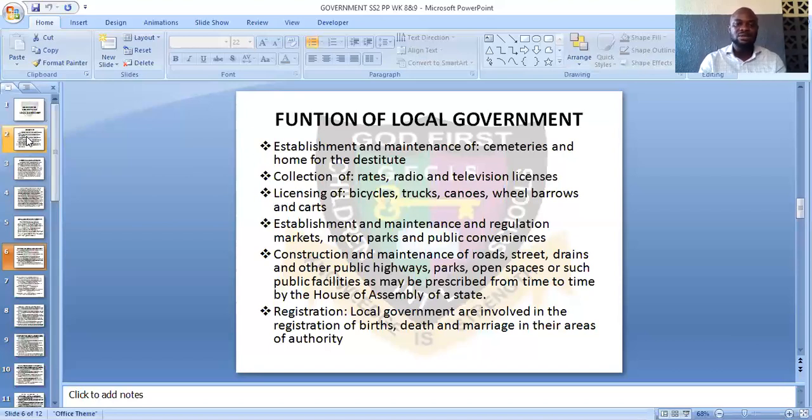Number six is registration. Local governments are involved in the registration of births, deaths, and marriages in their areas of authority. That is, anybody that just gives birth, you can get your birth certificate at your local government. Maybe somebody just died, they give a death certificate, and registration of death is done by the local government.